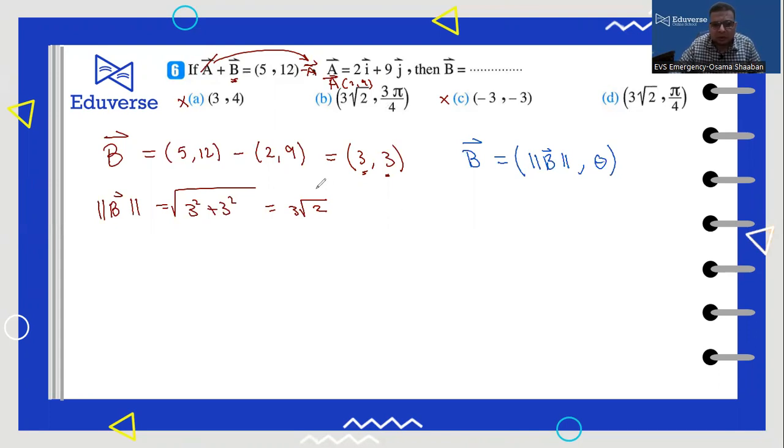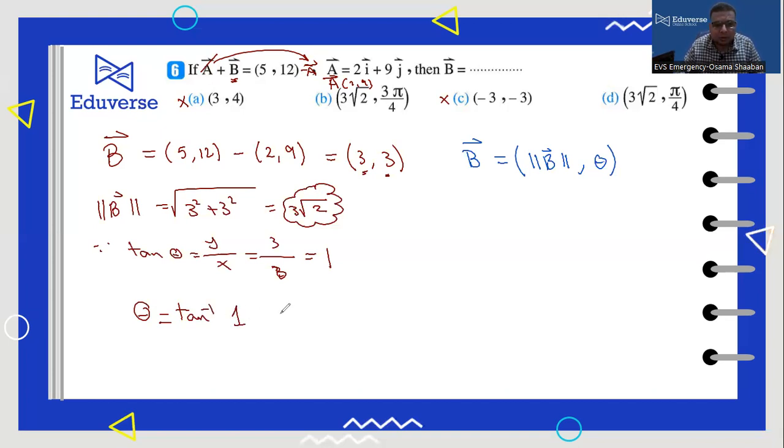So you have the norm now, okay? I need theta. You know tan theta equals y over x equals 3 over 3 equals 1. So theta equals shift tan 1.